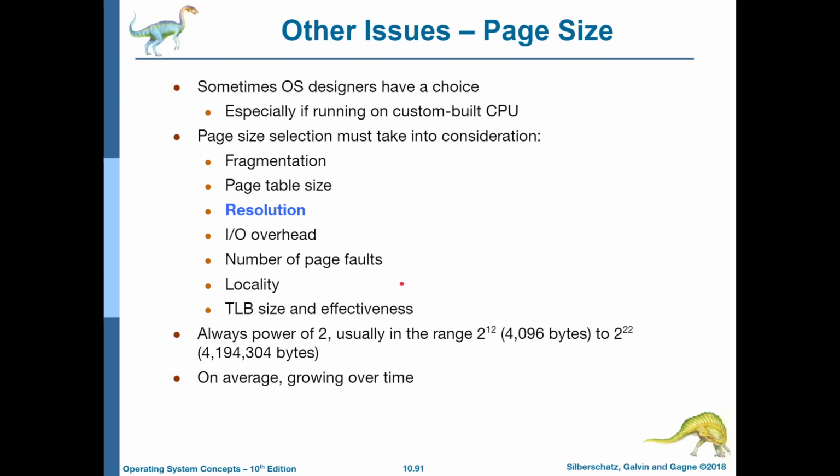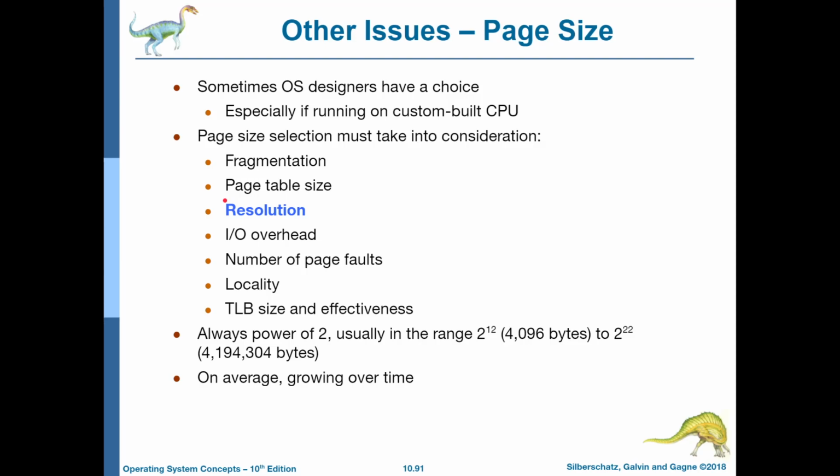Now, one thing we need to consider is page size when it comes to paging. Page size helps us understand fragmentation, both internal fragmentation as well as external fragmentation. Page table size is a big deal whenever it comes to choosing a page size, because usually a page table is allocated per page.